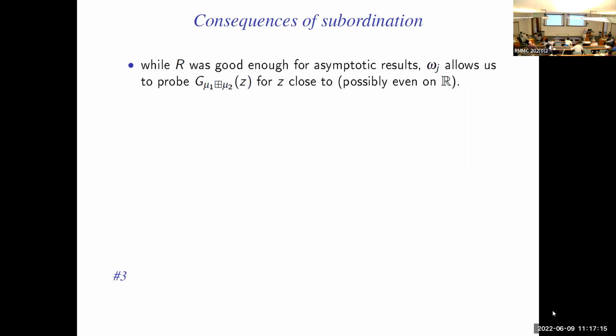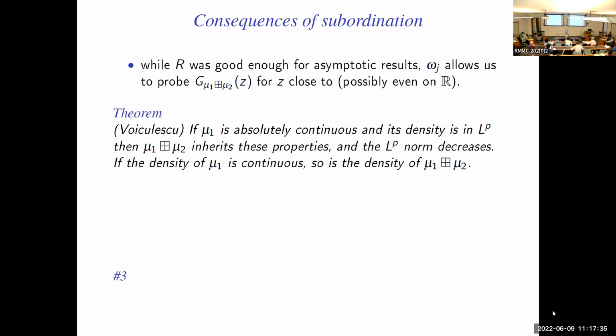Then again, the subordination function extends continuously to the real line, possibly with infinite values every here and there. And that has consequences. I'm going to write the very first consequences in the case of different measures. So the first consequence was obtained by Voiculescu in that very same paper, in which he proves the existence of omegas in special cases.